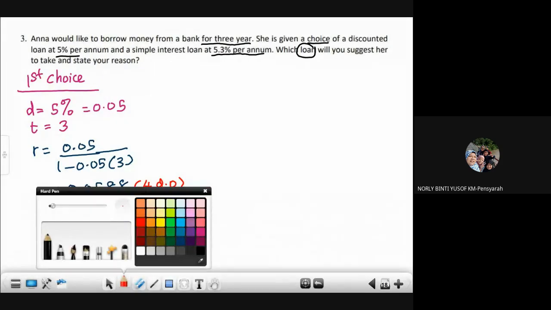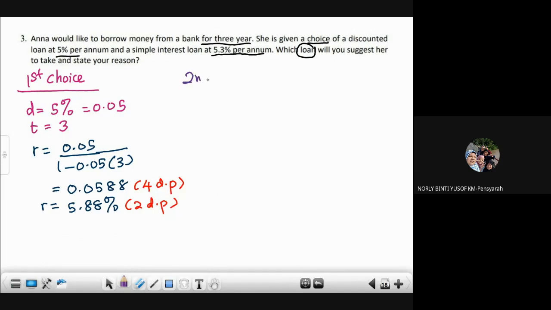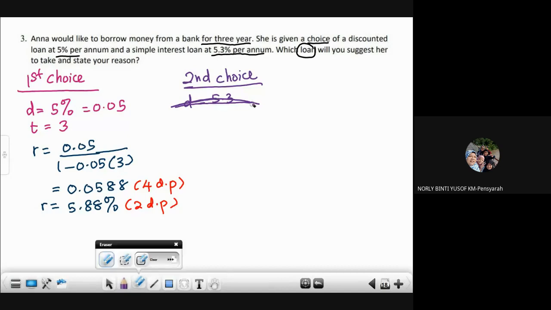Okay, lepas tu second choice pun sama. Second choice you, okay, dia terus bagi 5.3% simple interest. So simple interest dia terus bagi.